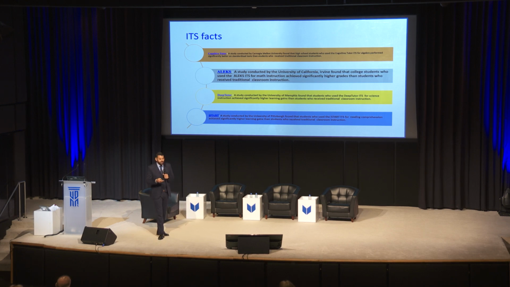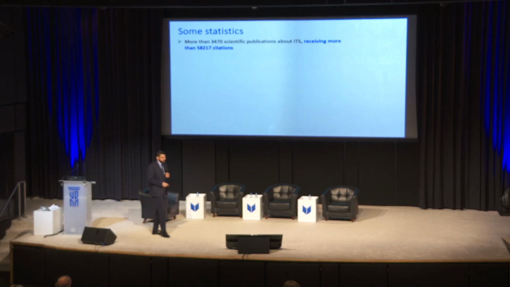The conclusion was that the students who used the ITS had significantly better performance compared to those who didn't. This showcases that the use of ITS has the potential to increase student learning and ensure higher grades.